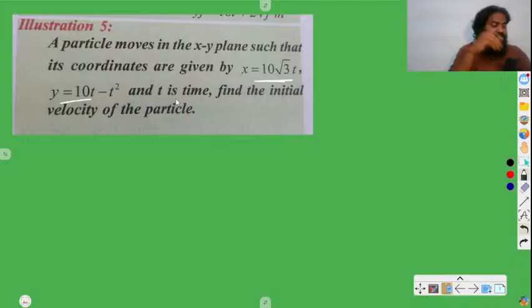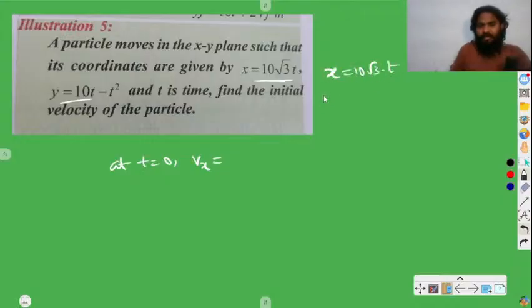So here you should remember, the initial velocity in the sense time is equal to 0, right? Understand? Initial velocity means you can take at t is equal to 0. At t is equal to 0, you have to find out vx. They gave x is equal to 10 root 3 into t, then if you do dx by dt differentiation, you will get 10 root 3.